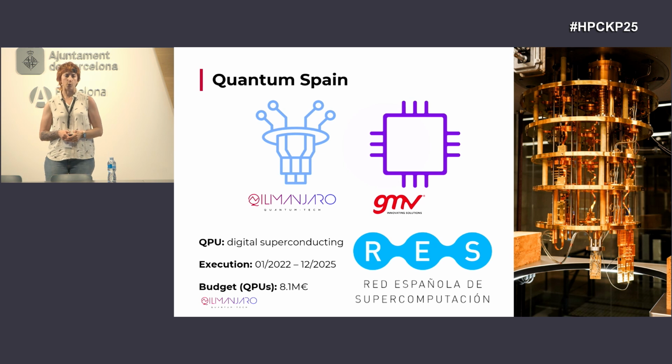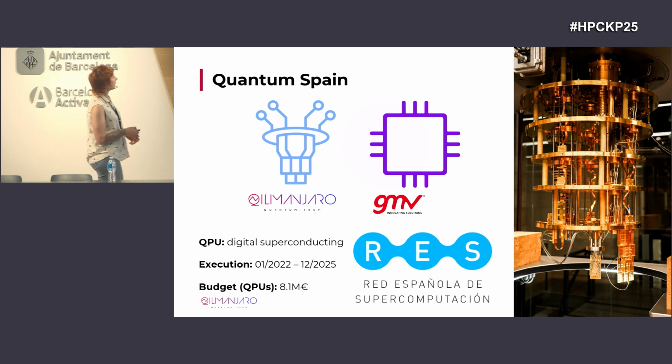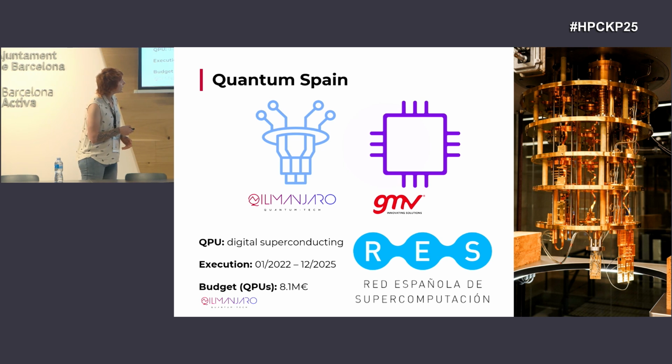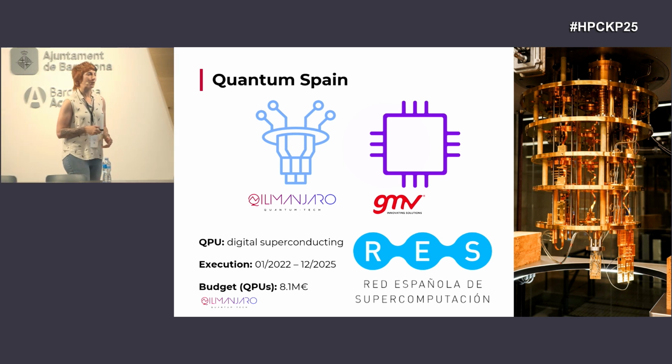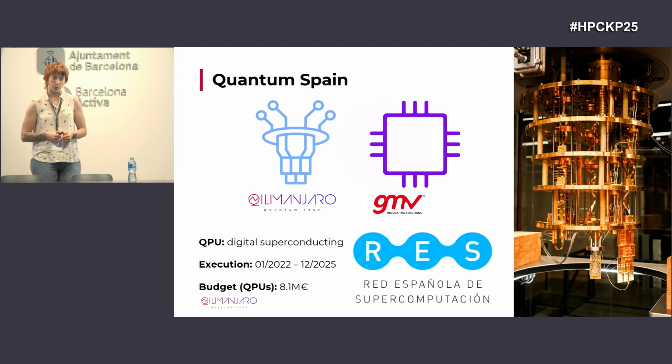In that case, we installed a digital quantum computer. The chip is not seen here, but if you look carefully, you can see the logo of the chip vendor, which is Quanware. Qilimanjaro, in that case, did the setup integration, mounting all the different parts of the quantum computer.